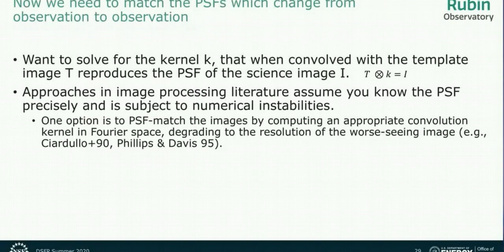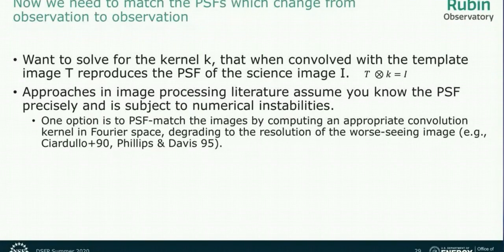So there is some history for methods to do this. In the 90s, people computed a convolution kernel in Fourier space, degrading the resolution of the worst seeing image.